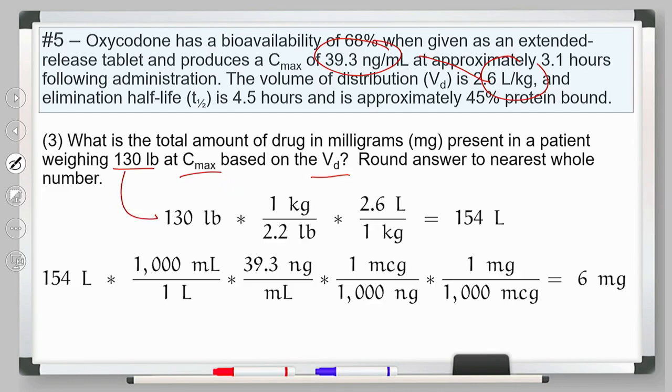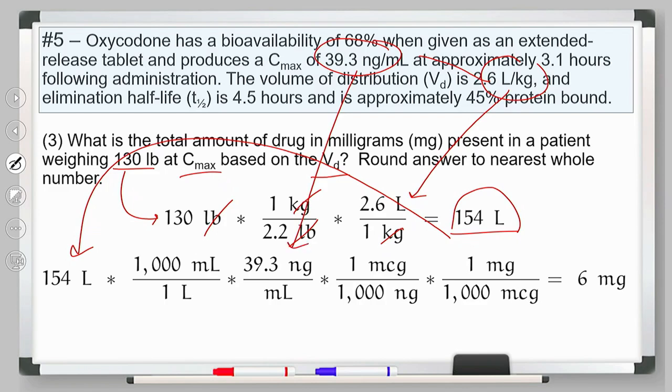So let's take 130 pounds, convert it to kilograms by dividing by 2.2, then take my non-patient specific volume of distribution and make it patient specific by multiplying it by their weight. So instead of 2.6 liters per kilogram, let's just call it 154 liters. Because I know the VD times the concentration is equal to the dose.